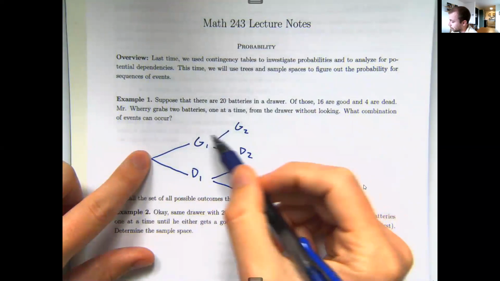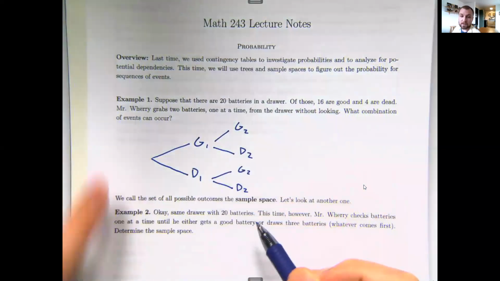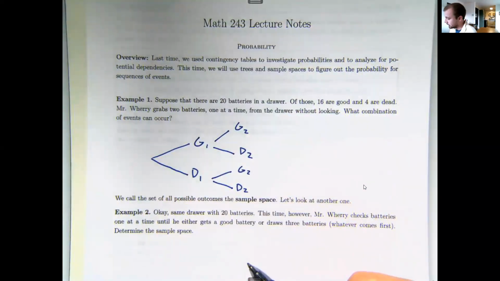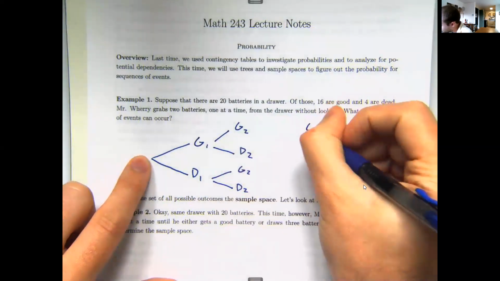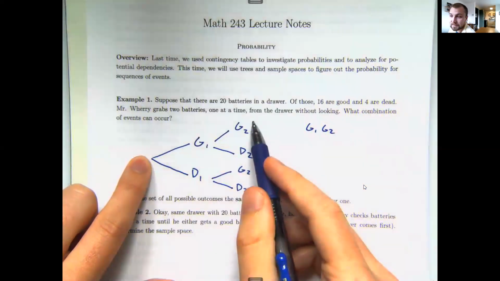So let's look at all the possible sequences of events that we can have. This will give us our sample space, and our sample space is the set of all possible outcomes. So one thing I have is good on the first and good on the second. That's that top sequence.